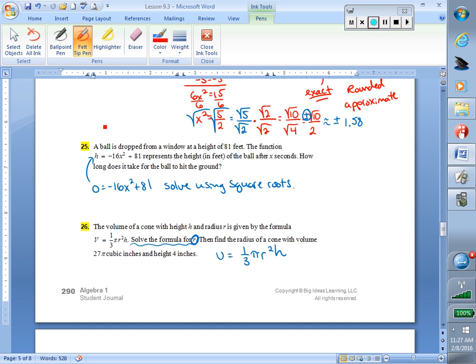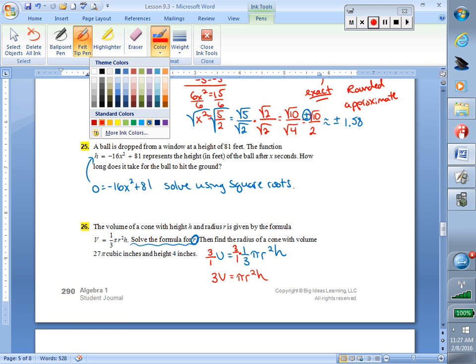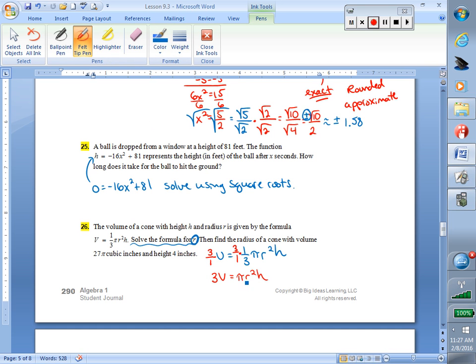So dividing by a fraction is the same as multiplying by its reciprocal. So we get 3 times capital V equals pi r squared h. This is pi times r squared, and then it's also times h.